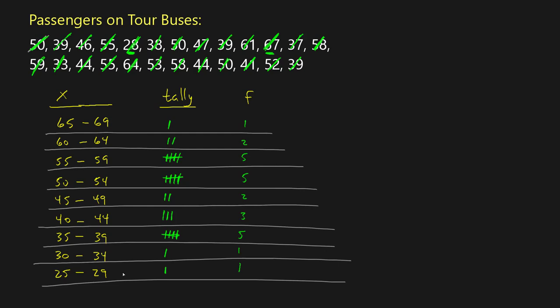Okay, so we can do a quick check here to make sure that nothing has gone wrong, and the simplest way to do that is to calculate your sample size using the sum of your frequencies. So 1 plus 2 makes 8, and then we have another 5 and 5. That brings me up to 18, 19, 20.